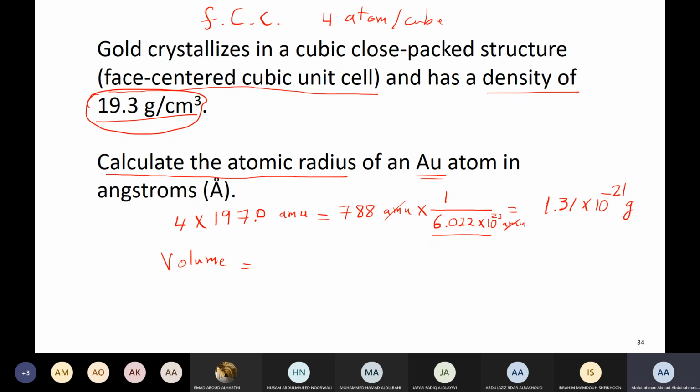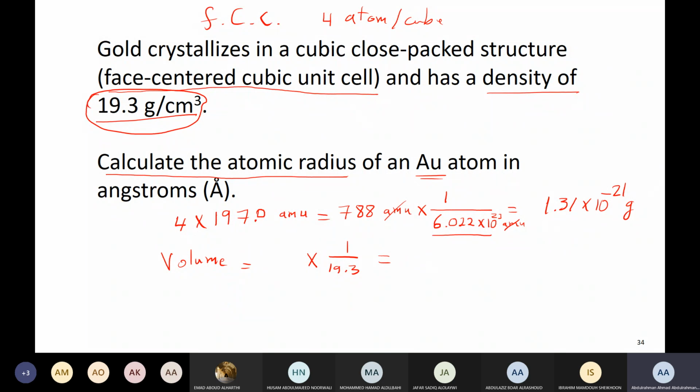The volume of the cube. What should I do to calculate the volume? We divide the mass over the density. Exactly. 1 over 19.3, and we have the answer.